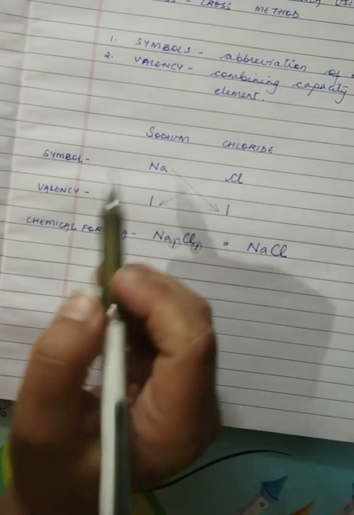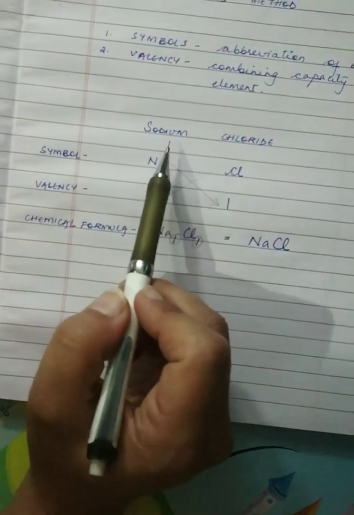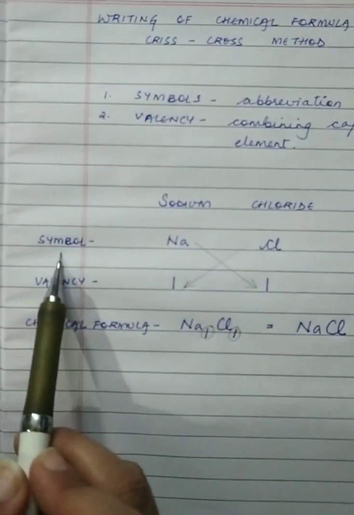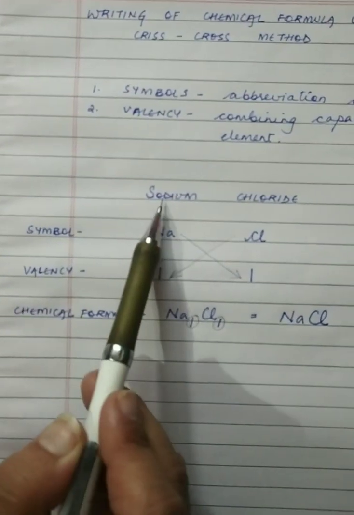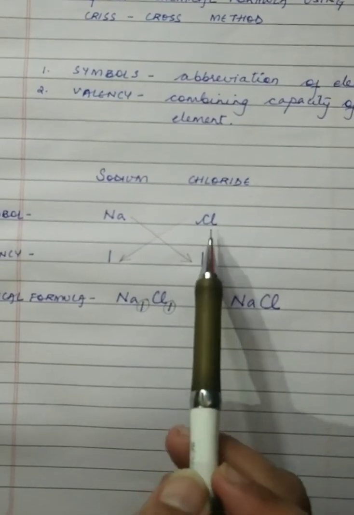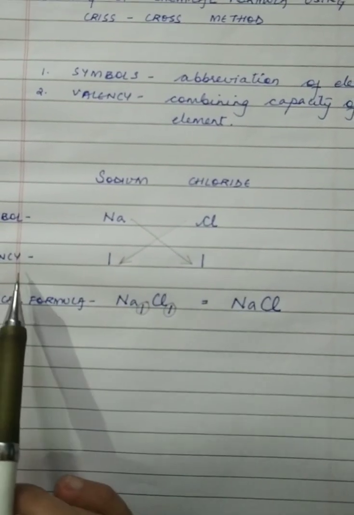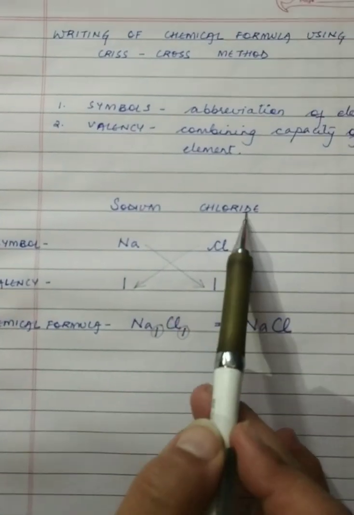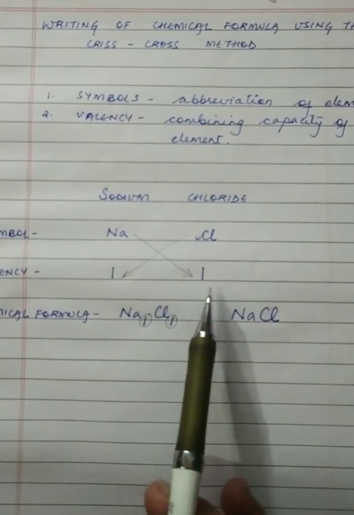So what were the steps? What was the name of the compound? Sodium chloride. The first step was write the symbol. Symbol of sodium Na, symbol of chloride Cl. Valency of sodium is 1. Valency of chloride is also 1.